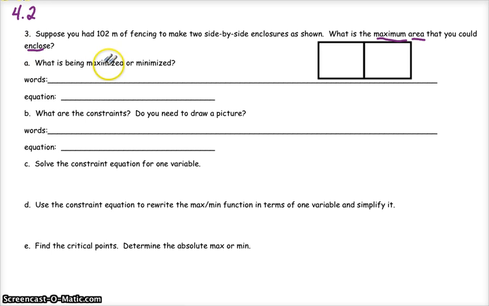So when it asks what is being maximized or minimized, we know we're maximizing something. And this says that we're maximizing area. So we are maximizing the area of what? The enclosure.